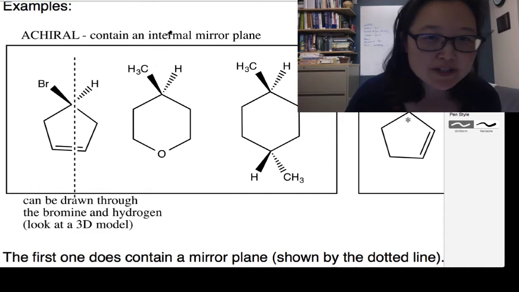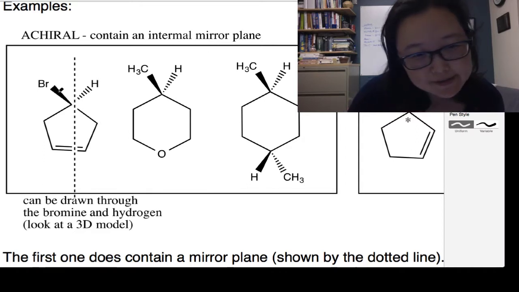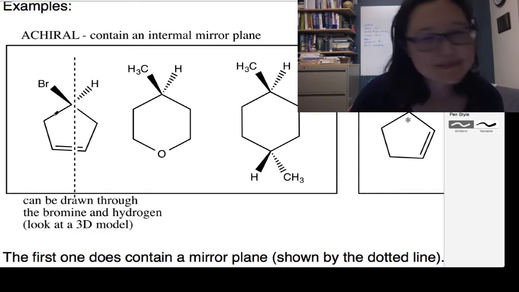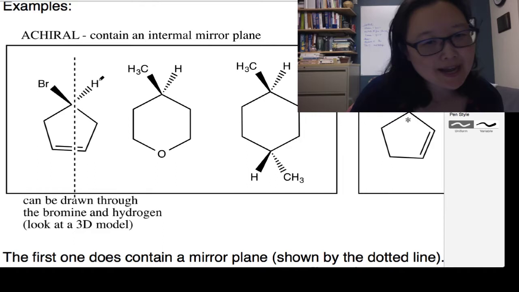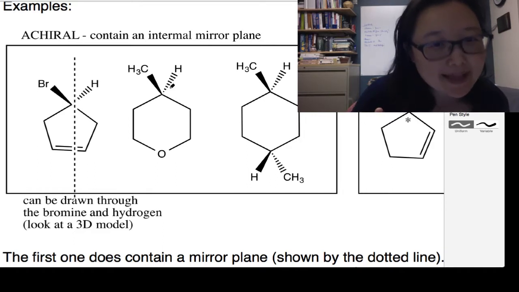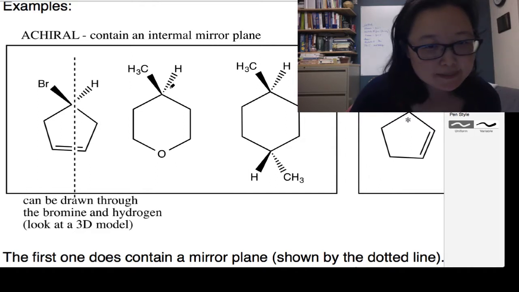We call that an internal mirror plane. And then you can also say, well, this group is the same as this group, so it's not even a chiral center. So these are all examples of achiral molecules. They lack a chiral center, and they contain an internal mirror plane of symmetry. Here's the same thing.